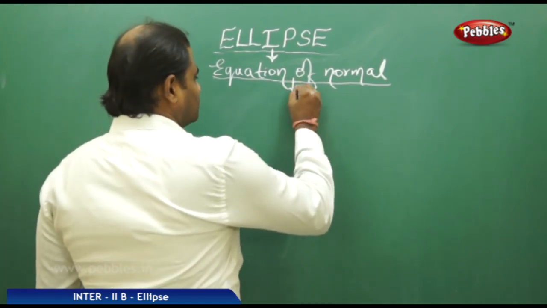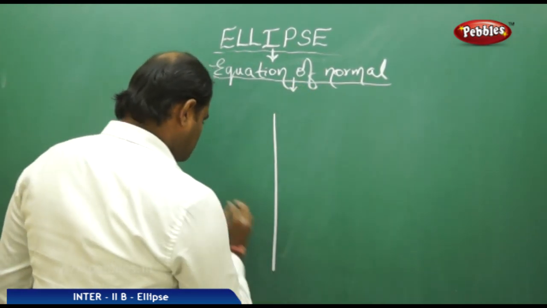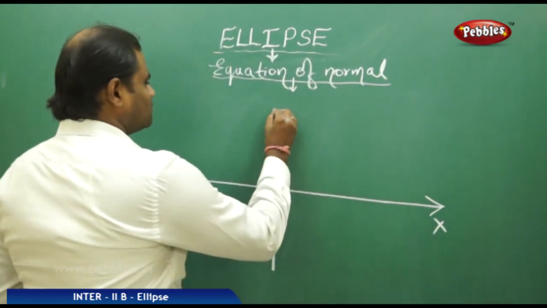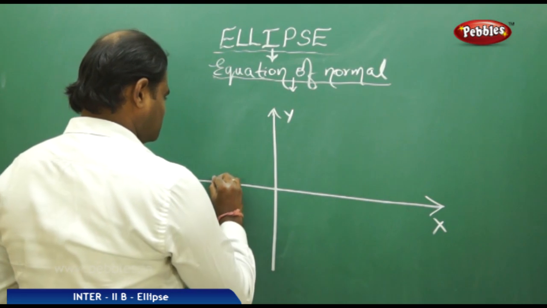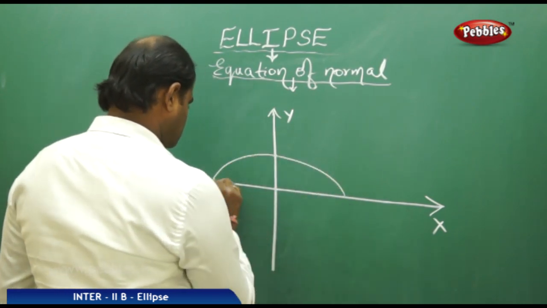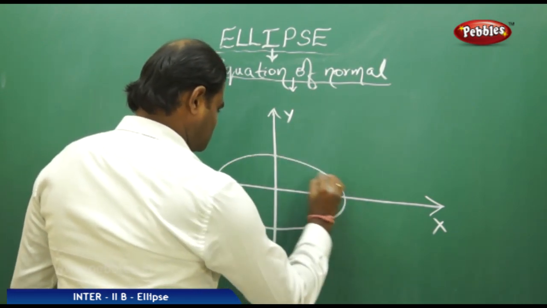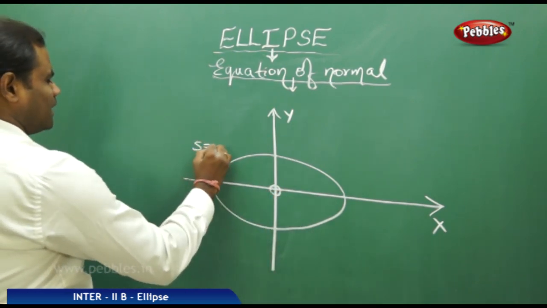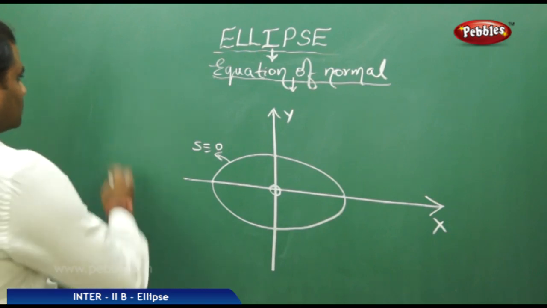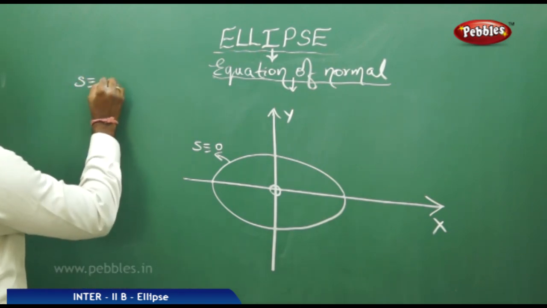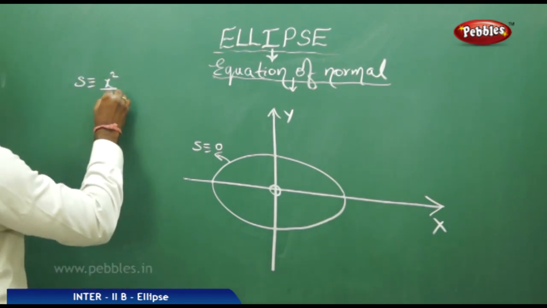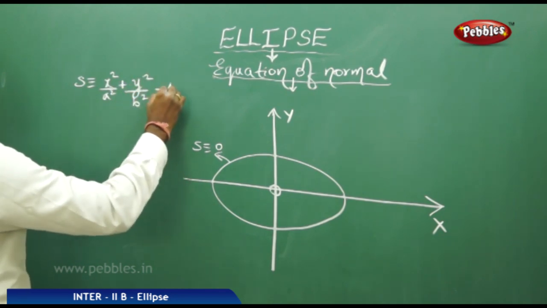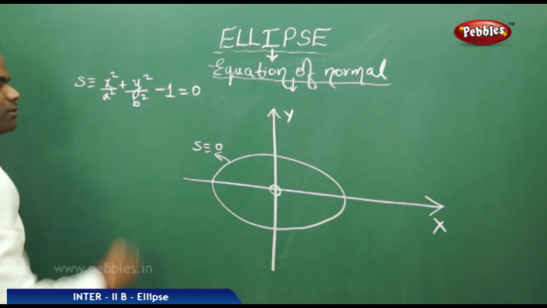Say I have the ellipse in standard form with center origin, and this is S equal to 0, where the equation of the ellipse is x squared by a squared plus y squared by b squared minus 1 equal to 0.